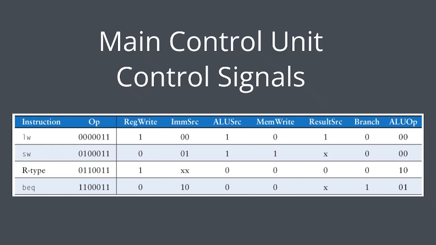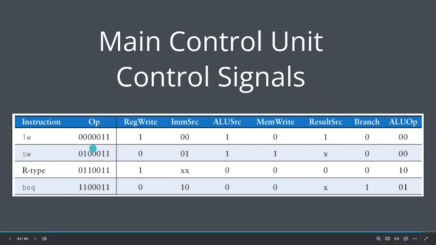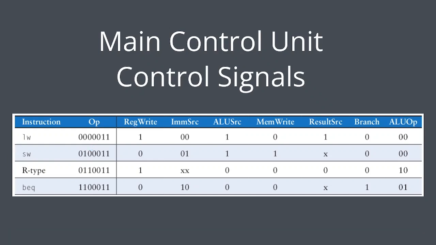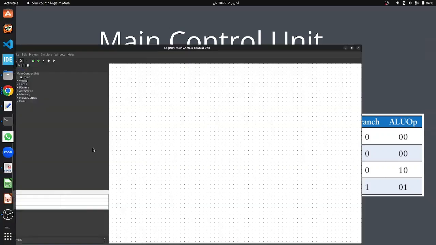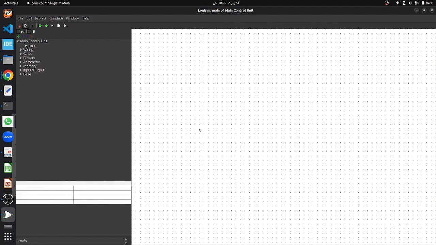Now, let's hop over to Logisim and start building our main control unit. This is a crucial component that decodes the 7-bit opcode from the instruction and generates the appropriate control signals necessary for executing that instruction. Now, there are multiple ways you can design this control unit.